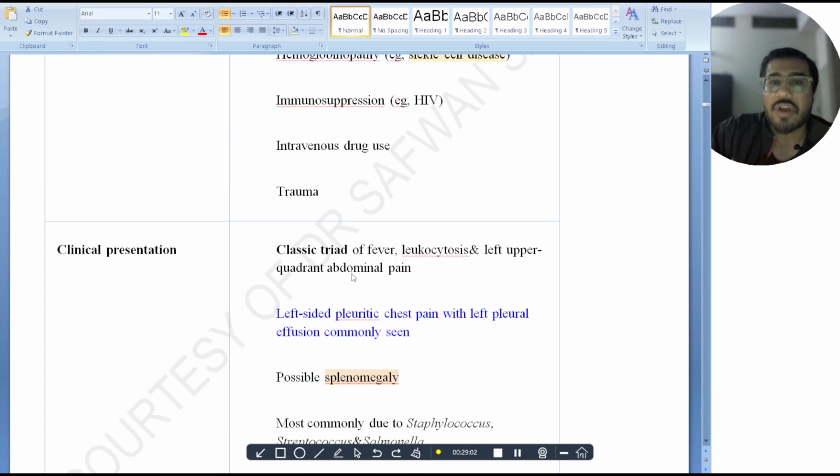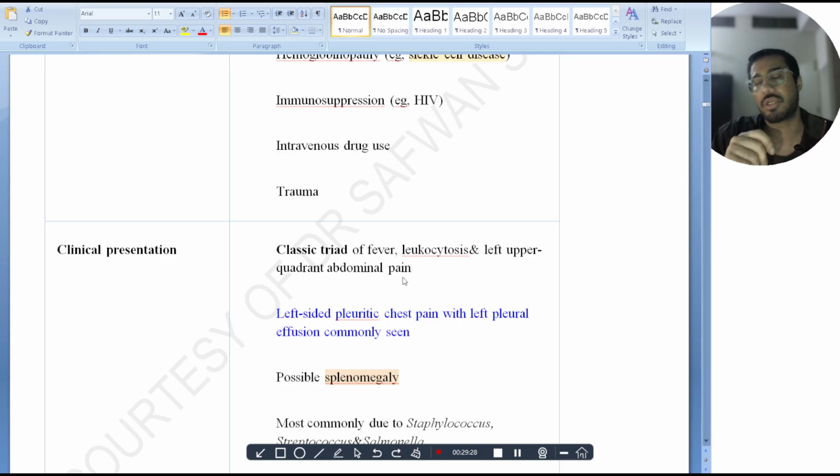That is the classic triad: fever, leukocytosis, left upper quadrant pain. Why is there going to be a leukocytosis? Because it's an abscess, infection is going on and the body is increasing the leukocytes. So you're going to see leukocytosis on the CBC. The patient is going to have fever obviously, but the main high yield thing is left upper quadrant abdominal pain, that is the location of the spleen.